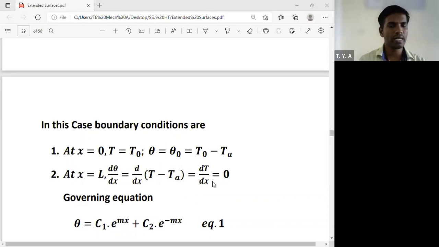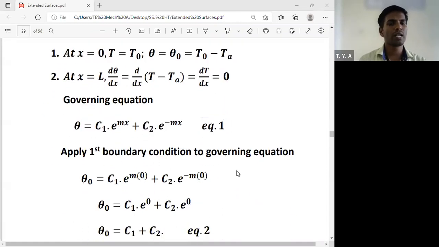So dT by dx becomes 0. Okay, so this is the second boundary condition. So whatever condition we have considered, at the end there is an insulation. According to that insulation, we have written the second boundary condition at x is equal to L. At the end there is insulation, therefore heat transfer is not taking place, so change in temperature with respect to thickness, that value becomes 0.